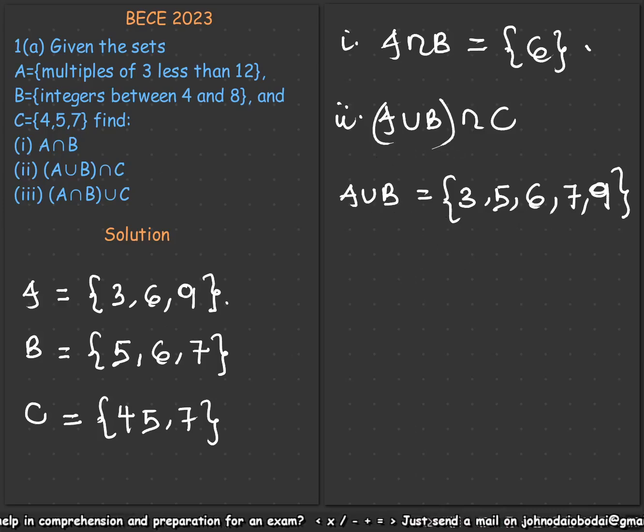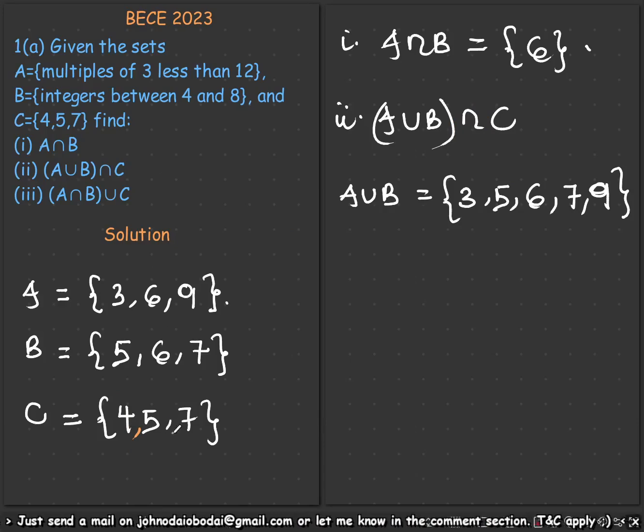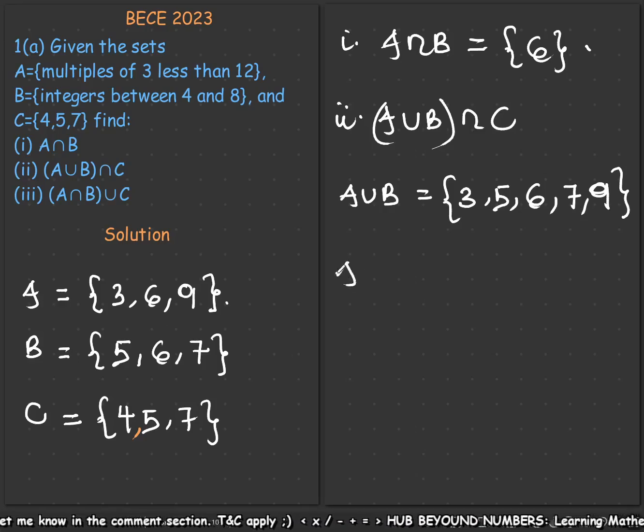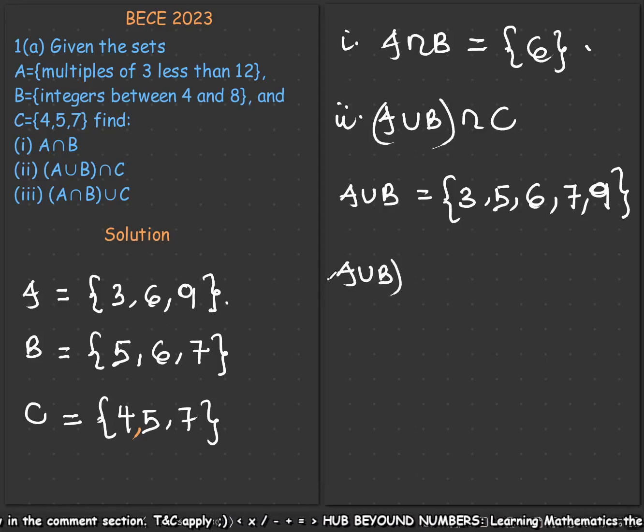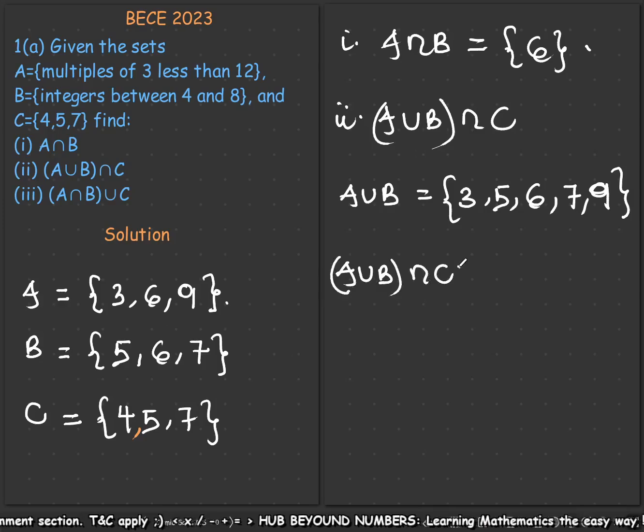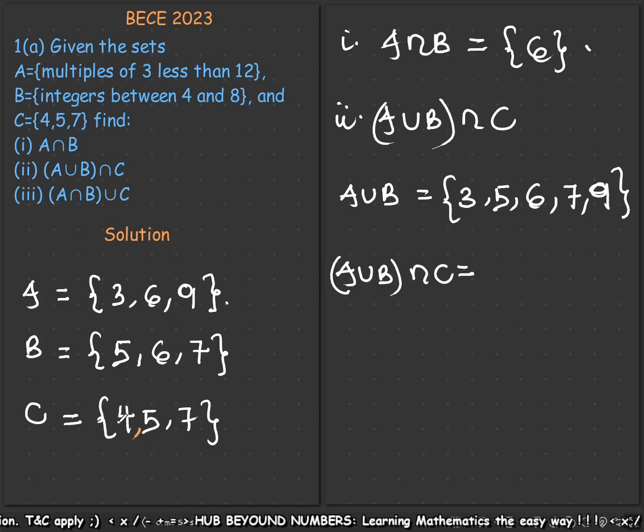Then we come back to the question. After looking for A union B, let's look at what is common to A union B and C. Take note, our set C was 4, 5, and 7. So looking at our A union B over here, what do we have in A union B that is also in set C? That is our A union B intersection C. As you can see, do we have 4 here?